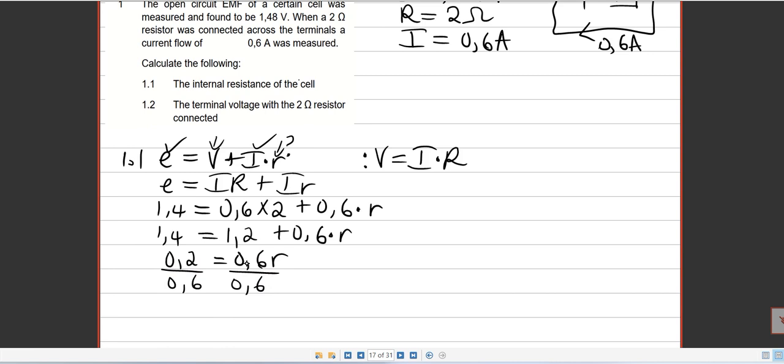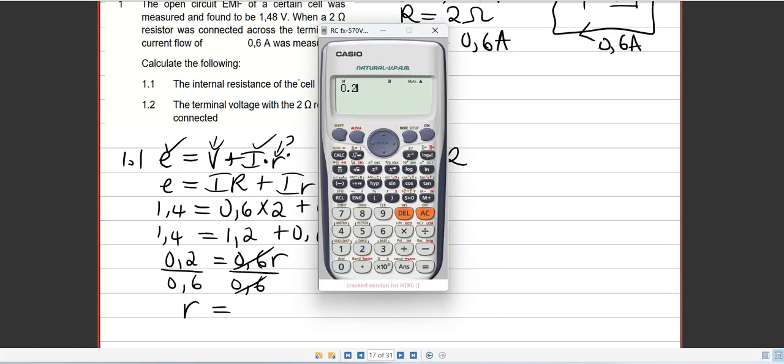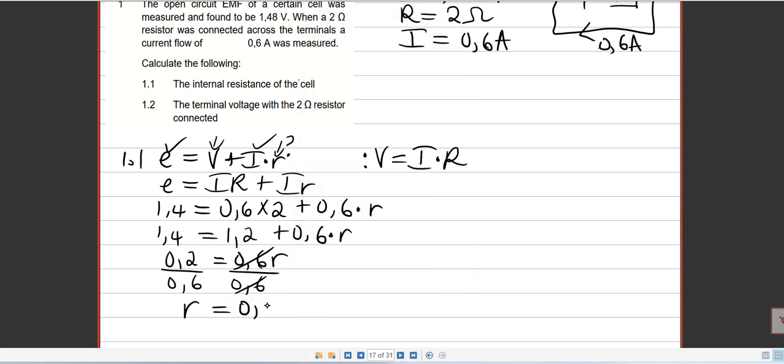Then our R, we have 0,2 divided by 0,6, and we have 0,333 ohms.